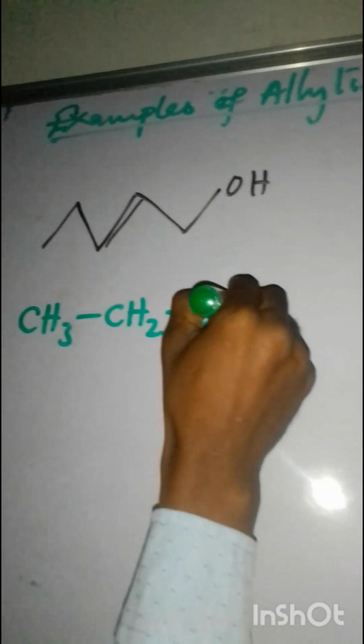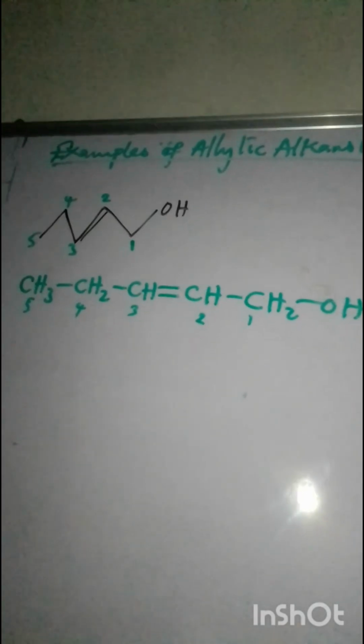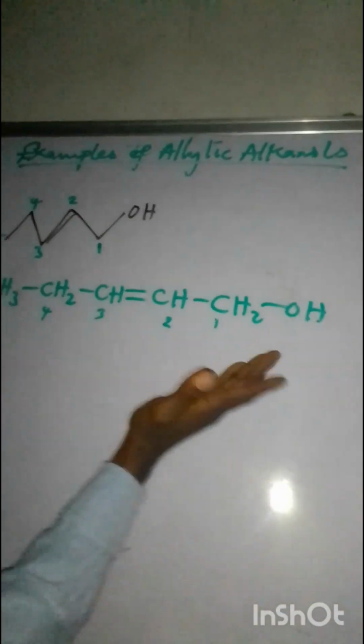This is the same thing as CH3, CH2, CH, double bond CH, CH2OH. Because if you look at this, you see that we have first carbon, second carbon, third carbon, fourth carbon, fifth carbon. 1, 2, 3, 4, 5. Now, how do we name this? If you remove OH, you will see clearly that this is an alkene.